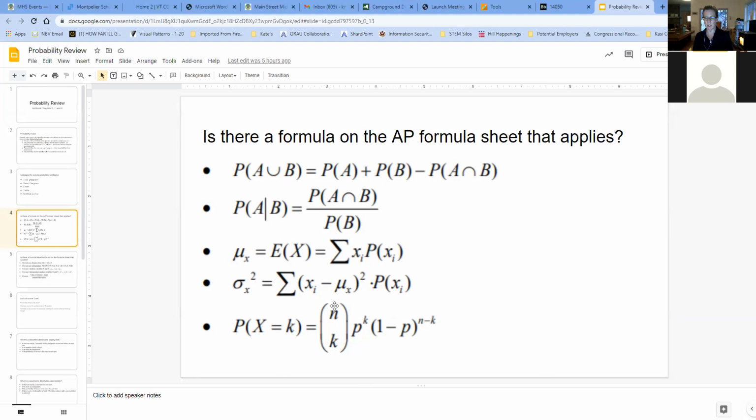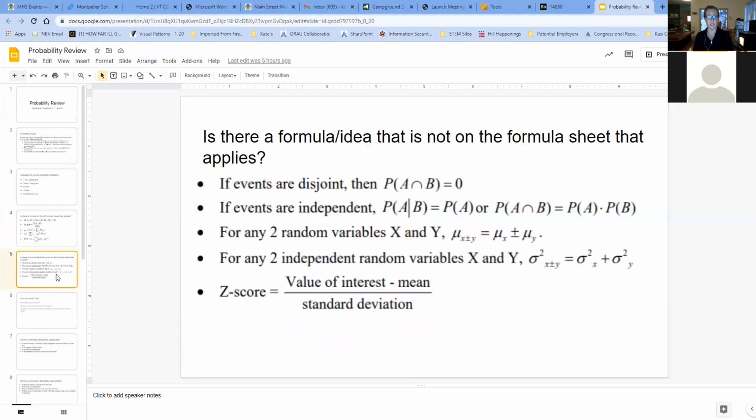Something like that would be a binomial coefficient, and then we've got the probability of something happening, and maybe there's 3 of those, so we raise it to the third, and then 1 minus p, or q, probability to the n minus k. So if this was 10 and that was 3, then this would be 7 over here. So these are all things that show up on your formula sheet. Of course, we know that there's going to be things that don't show up on our formula sheet. So these are some of the things that will not.